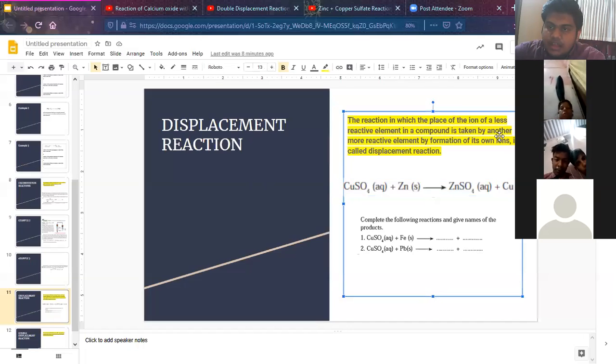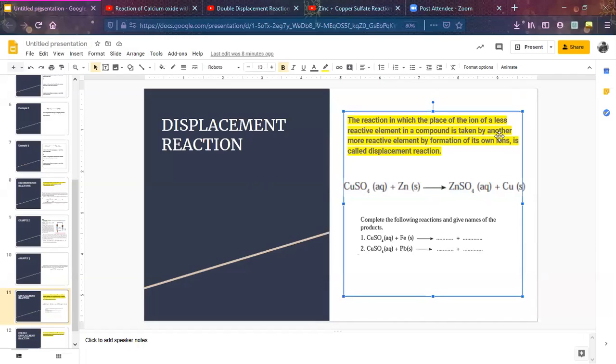Now you will be asking, what is displacement? If you look into this reaction very closely, copper sulfate is one thing, and the copper is displaced, it moves out and zinc comes here. Right? If you look carefully, what happened here was, the copper went up and zinc came here. These kinds of reactions are called displacement reactions. A reaction in which the ion of a less reactive metal is replaced.